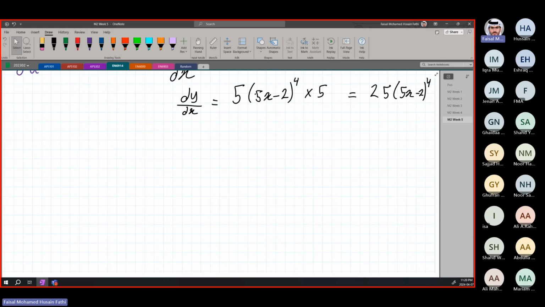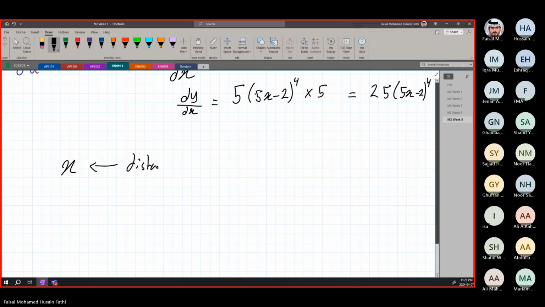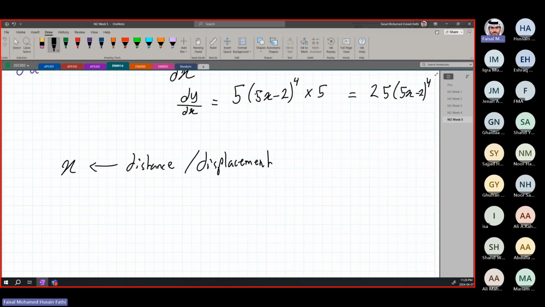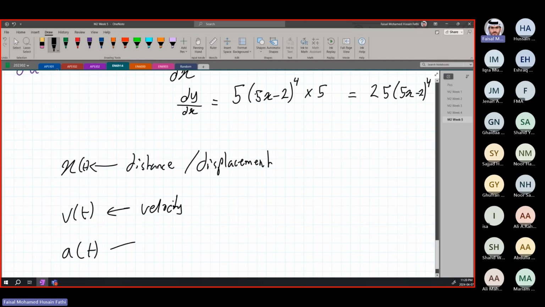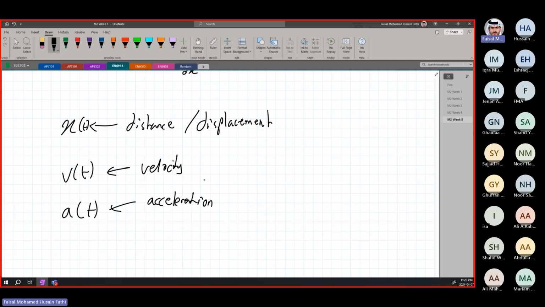Now for acceleration, remember we have x, which is distance or displacement. x of t means it's a function of t. We have v of t, which is velocity, and then a of t, which is acceleration. These are all functions of t. If we differentiate, we can go from one to the other.